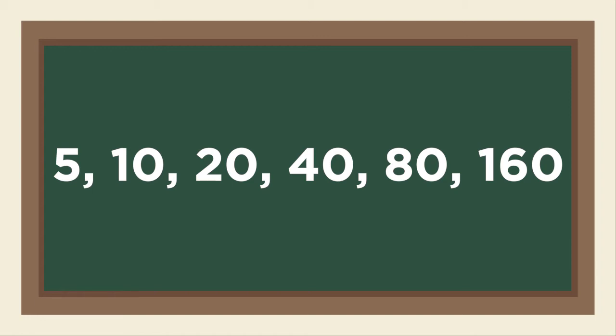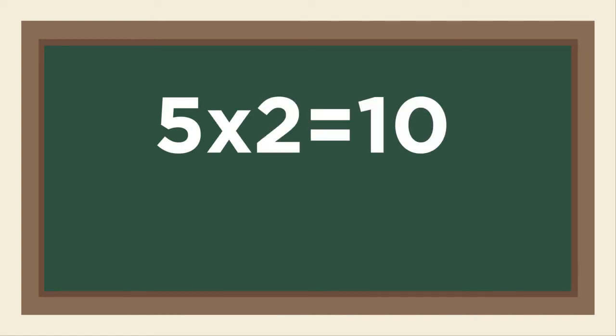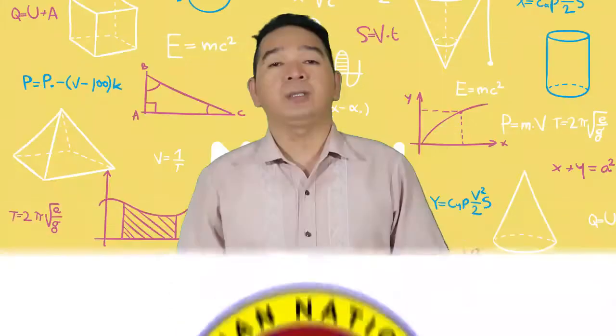Yes, that's right. Considering 5 pesos as the first term, the second term 10 can be obtained by multiplying the first term 5 by a constant number 2. By multiplying the constant number 2 to the second term 10, you will get the third term 20, and so on.